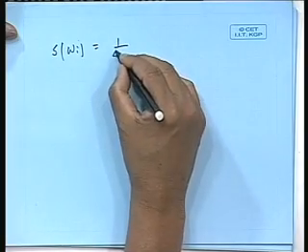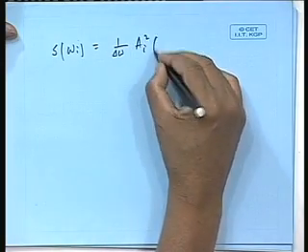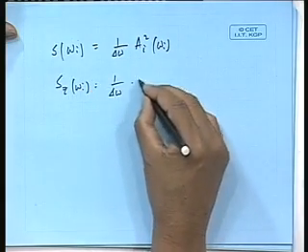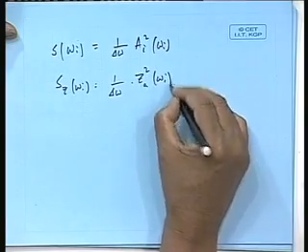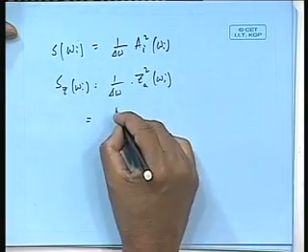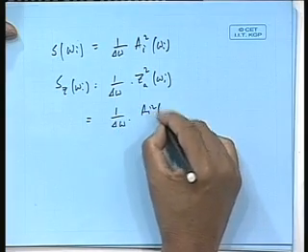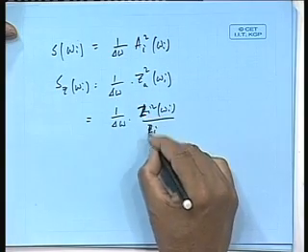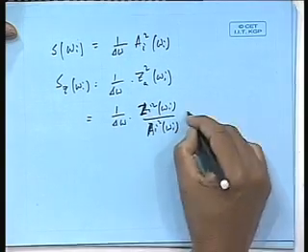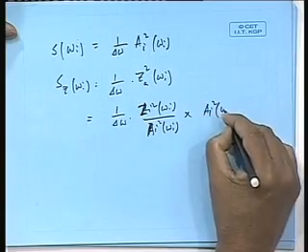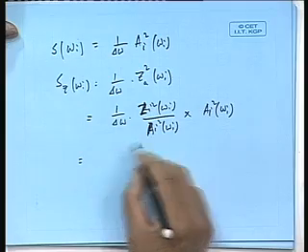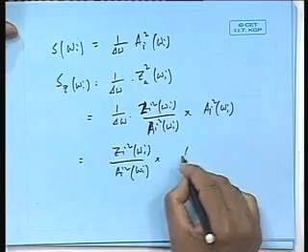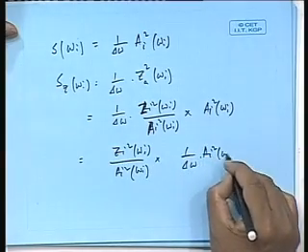S omega I, therefore, we will write again this way: amplitude square omega I, and S Z omega I equals half by delta omega Z A square omega I. This is obviously equal to 1 by delta omega A I square omega I times Z I square omega I by A I square omega I. This is equal to Z I square omega I by A I square omega I into 1 by delta omega A I square omega I. What is this?